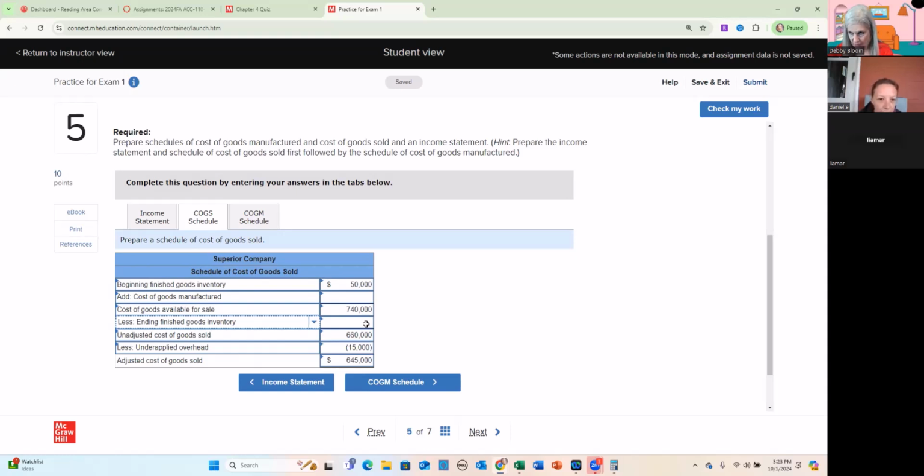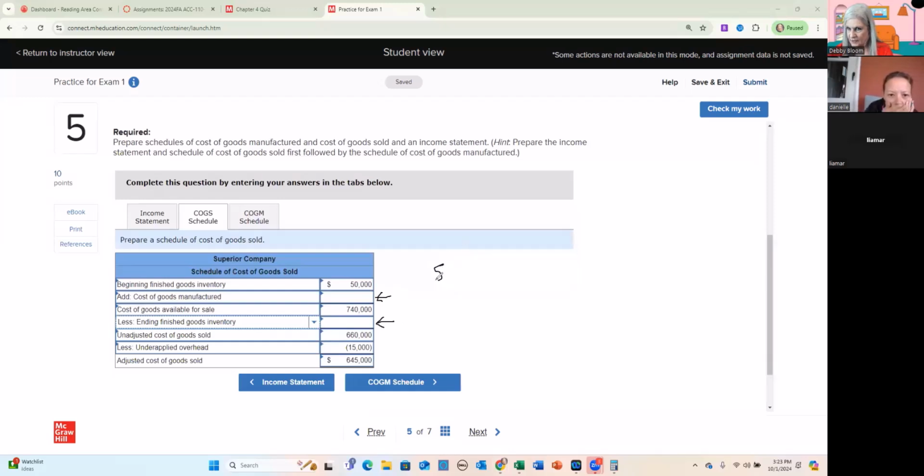And 740 minus X would equal 660,000, because beginning finished goods inventory plus cost of goods manufactured equals cost of goods available for sale, and cost of goods available for sale less the ending finished goods inventory equals the unadjusted cost of goods sold. So we have enough information now to fill out this number and this number.